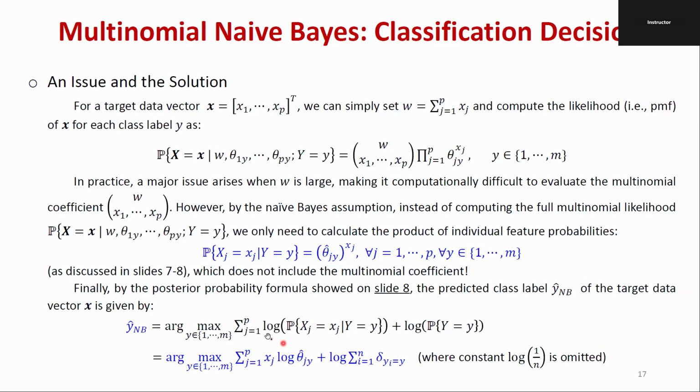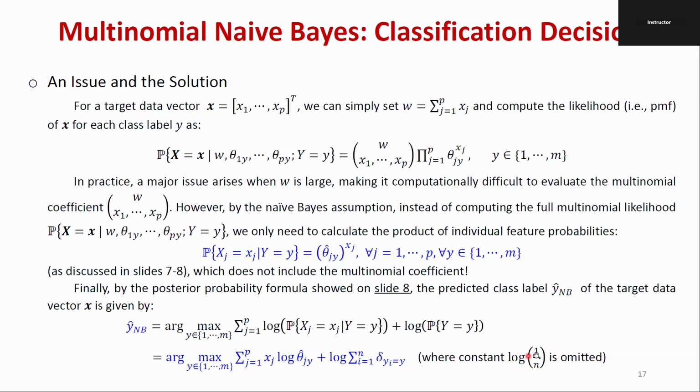And then in practice, because exponential can be a large number, what shall we do? Logarithm. Remember what we did? Maximizing the posterior is equivalent to maximizing the log of the posterior. Hence theta hat jy to the power of xj becomes xj times the log of theta hat jy, plus, don't forget the prior, which is simply the count.